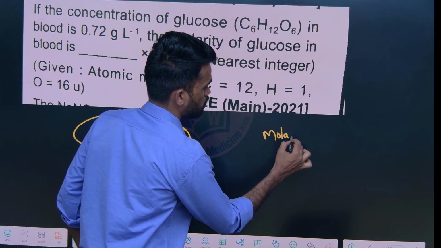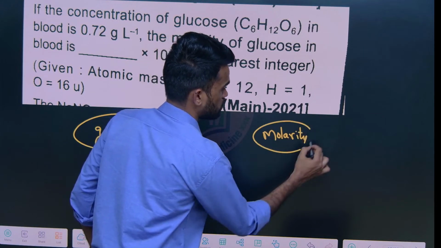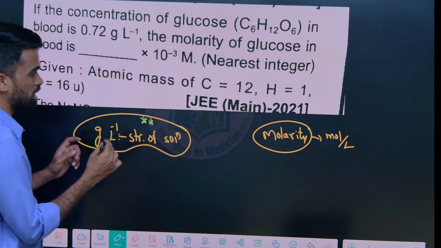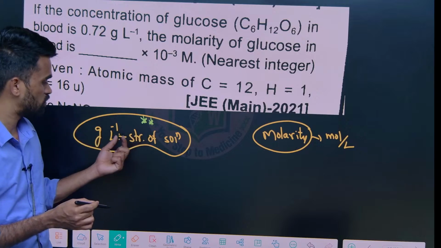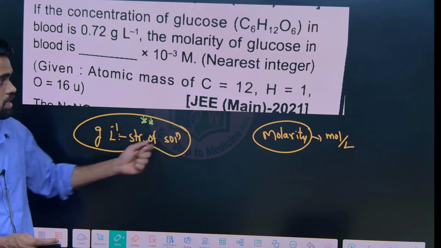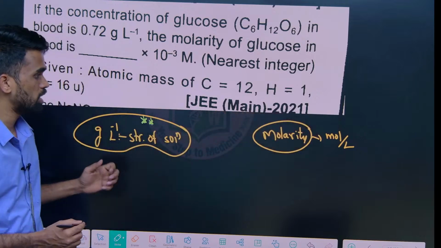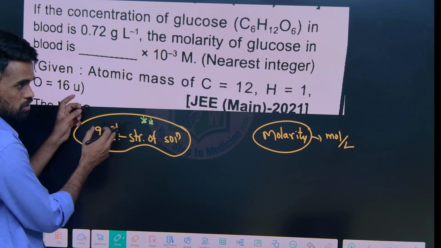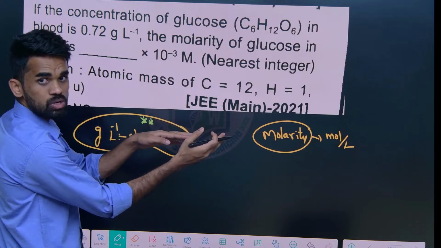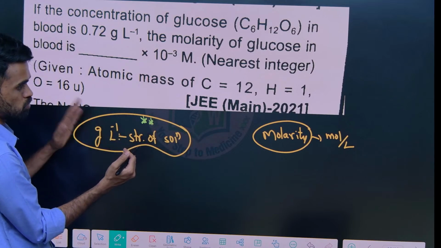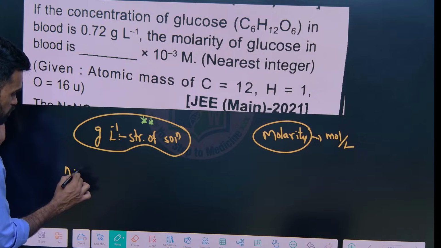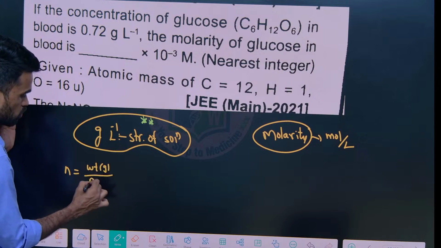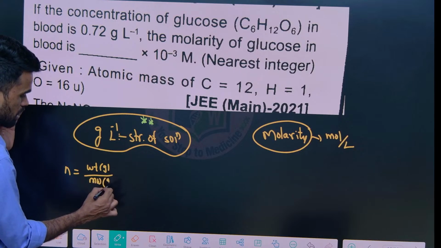What is the unit for molarity? Molarity is nothing but mole per liter. So what makes the difference between strength of solution and molarity? It is gram per liter versus mole per liter. So I can simply convert the given weight into number of moles by dividing the substance weight by its molar mass, because number of moles is the given weight in grams divided by its molar mass or molecular weight, that is gram per mole.